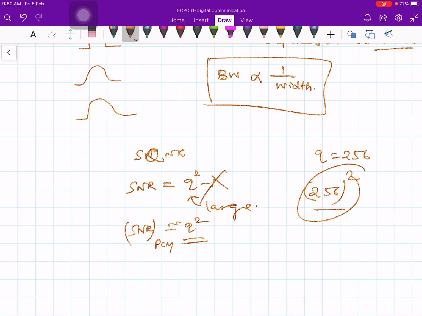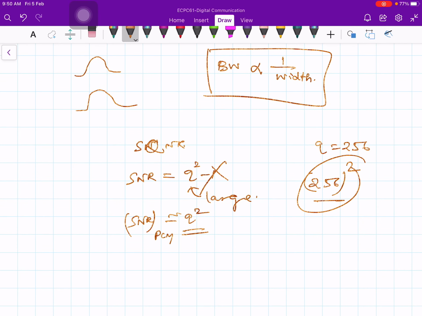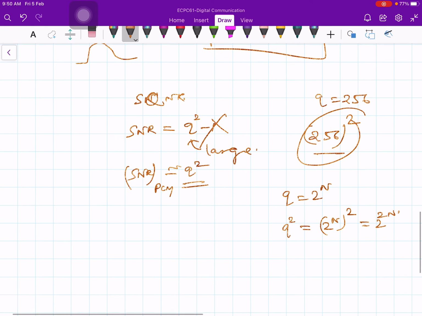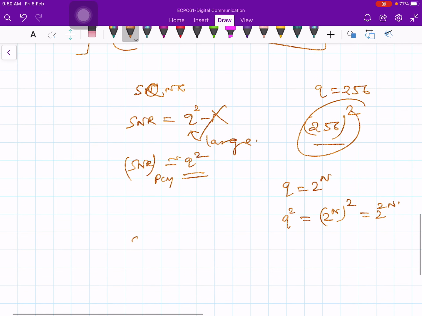And we know that Q is a power of 2, so Q is equal to 2 to the n, where n is the number of bits. So what is Q squared then? This is 2 to the n whole squared, that is 2 to the 2n. Therefore, the signal to quantization noise ratio of PCM is Q squared, which is 2 to the 2n.